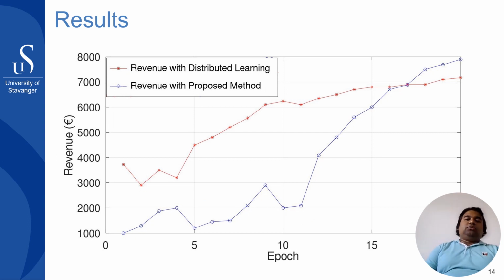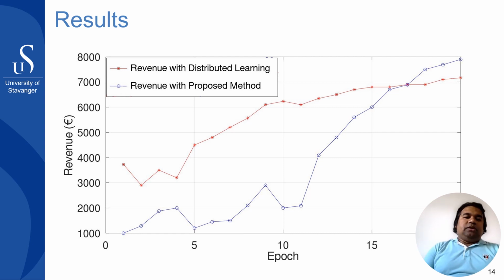And now we also compare with distributed learning, like normal Q learning. This is also important to compare, because I think most of the existing works use Q learning for learning.